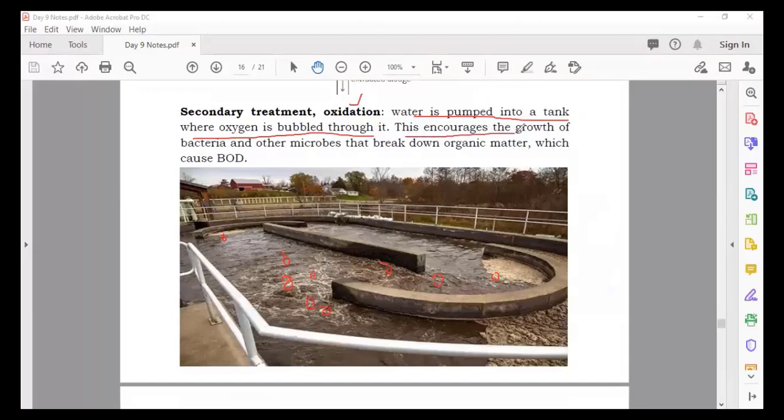This encourages the growth of bacteria and other microbes that break down organic matter, which is called BOD, biological oxygen demand. So when you provide the oxygen to this water, the bacteria which break down organic matter will increase their growth and they will decompose things very fast. This is the secondary tank.